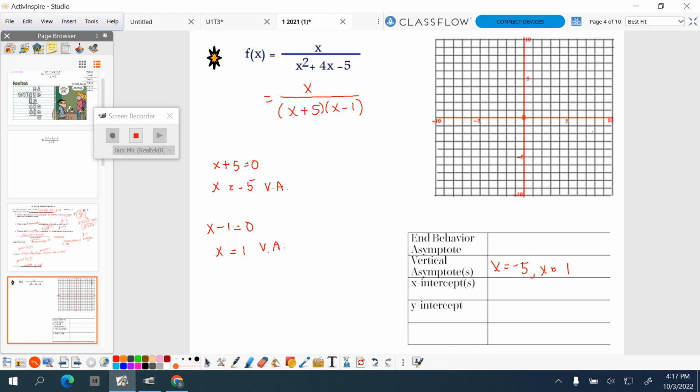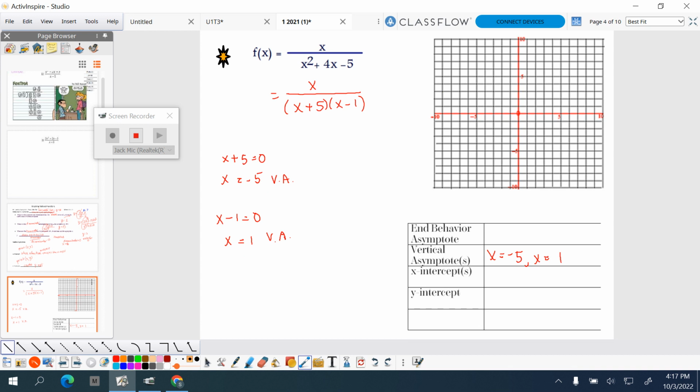All right. So I'm going to go ahead and draw those on my graph. At 1, I have this vertical asymptote. At negative 5, I have another vertical asymptote. And so the question is, what might this graph look like?